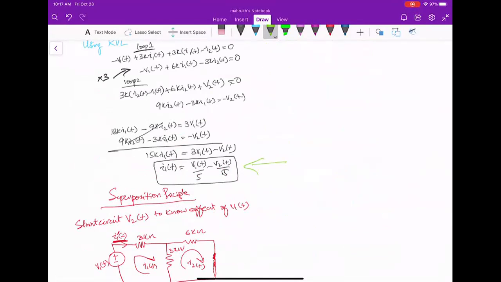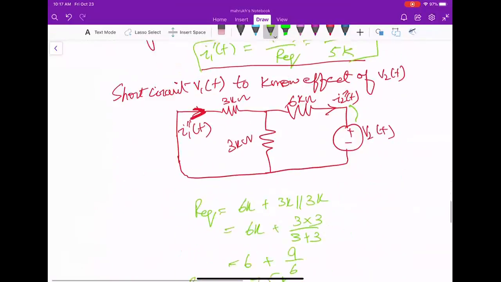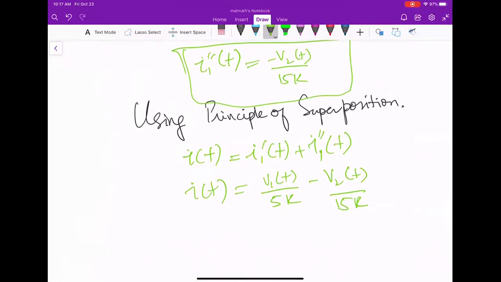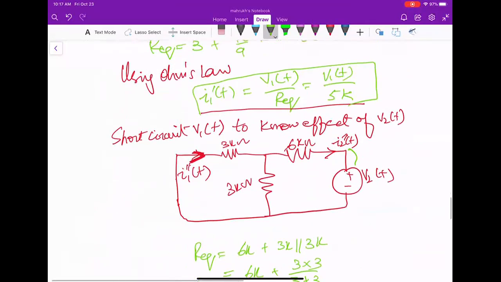Yeah. So it means that I can use the superposition principle to find out the total current. In the superposition principle, I just nullify a source's effect to know the effect of the other source. But remember that you are just nullifying the effect of the source and not changing any other configuration of the circuit. You cannot change the current direction.